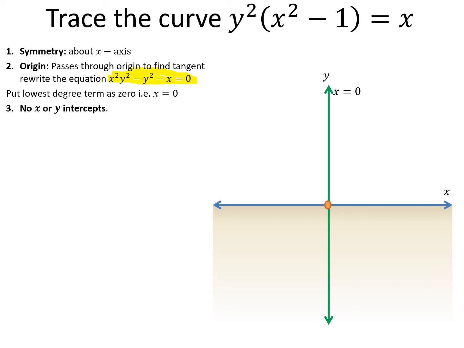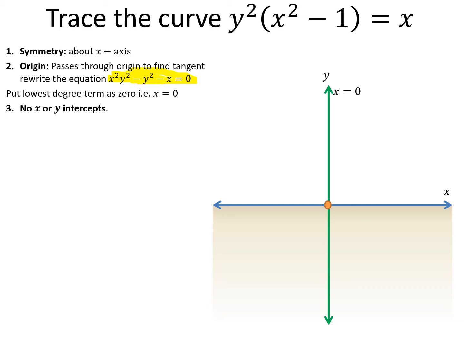That means the point is only 0, 0. Similarly, to find the intersection with the y-axis, we put x equal to 0. By putting x equal to 0, we will get y equal to 0. So we get only 0, 0 as the one point of intersection with both axes, x and y. We already discussed this point in rule number 2, so no need to discuss it again here.